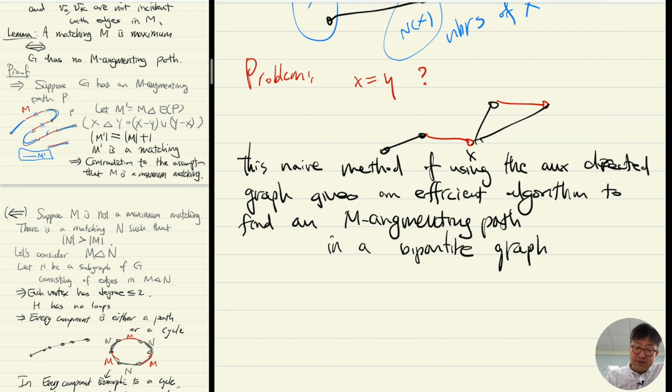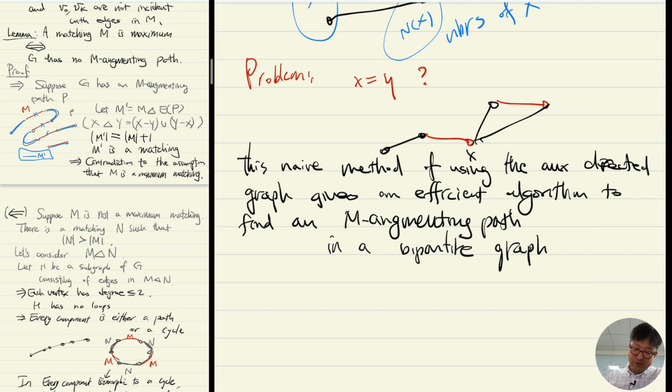By the way, there is an algorithm in a directed graph which says whether or not you have a path from A to B, and not only that, it will find the path. I'm not going to cover it, but this is a well-known algorithm.